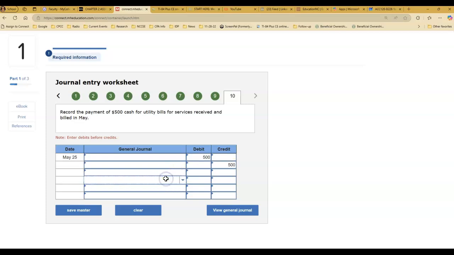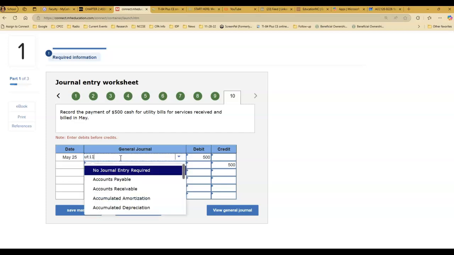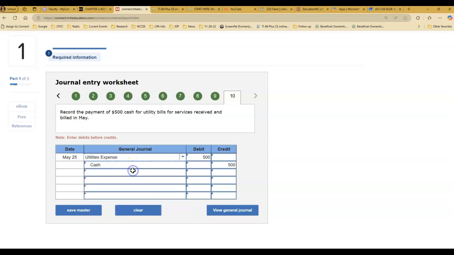Okay? Cash is going down with a credit. And good. Utilities expense, because it says for utility bills for services received and billed in May. Okay? In Chapter 4, that's going to change. All right?